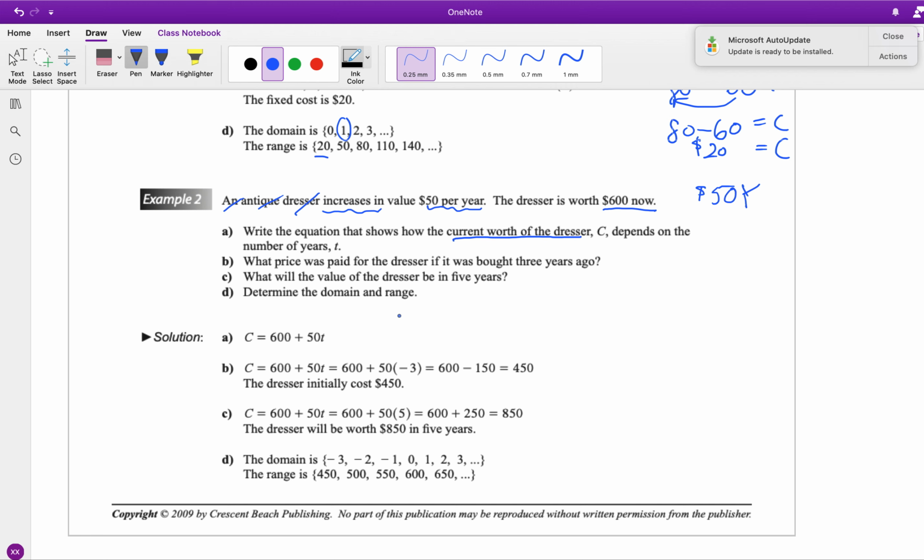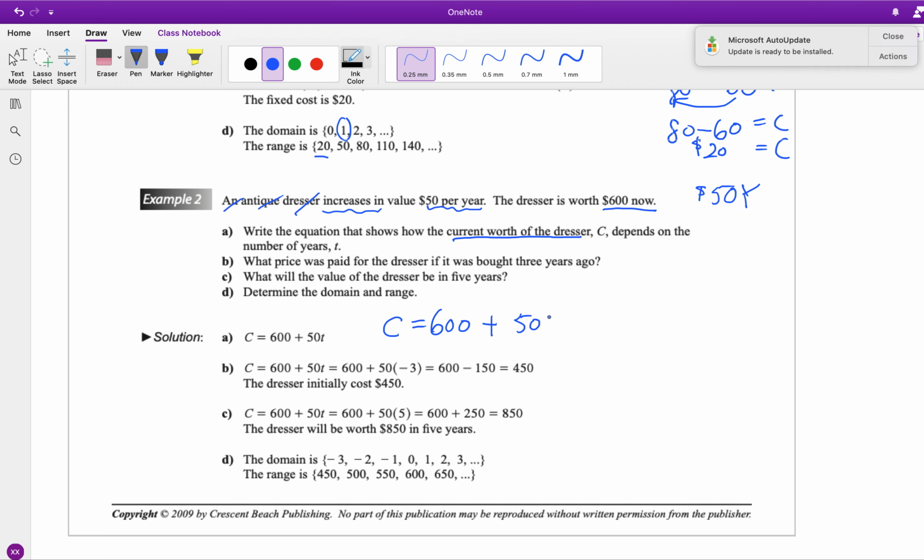This is in the future, because the current worth means whenever, if it's next year or the year after next year, at that time the current worth. So the cost of this whole thing starts with 600, and then it increases $50 each year.